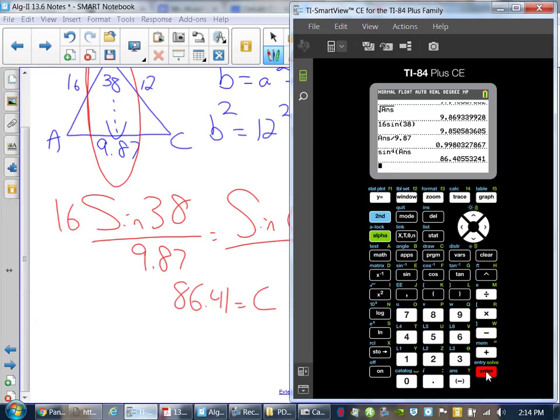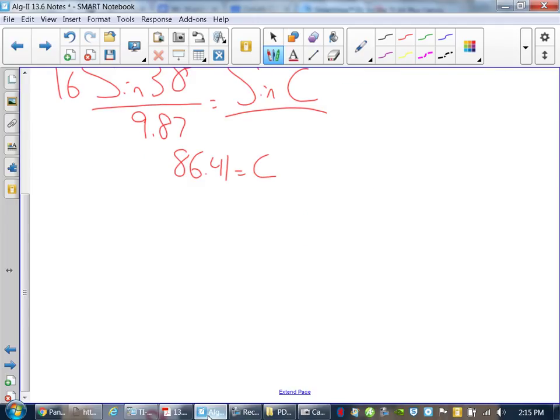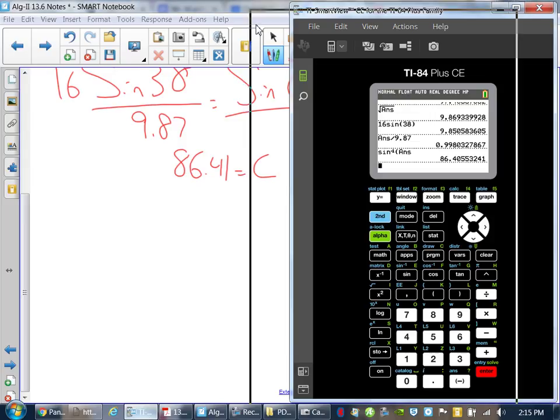Now, is that acute or obtuse? Acute. So what you need to check real quick is if it can have a secondary triangle. So check it real quick. Remember the 180 minus 86.41. I know it can get long going here. You subtract that out. I did this earlier.